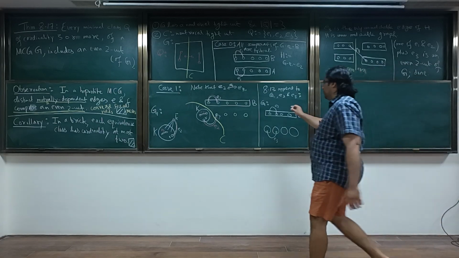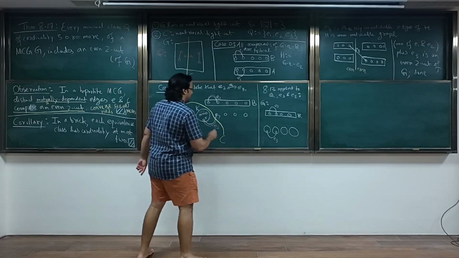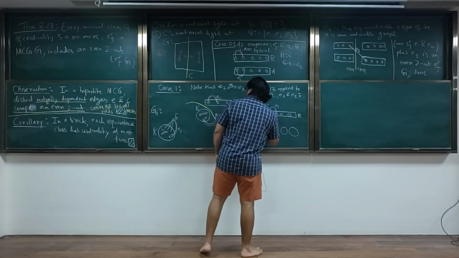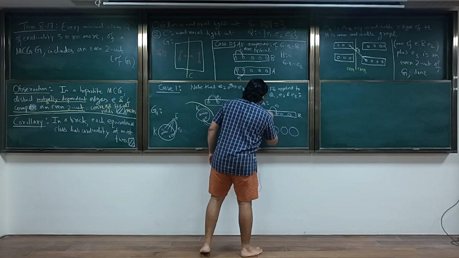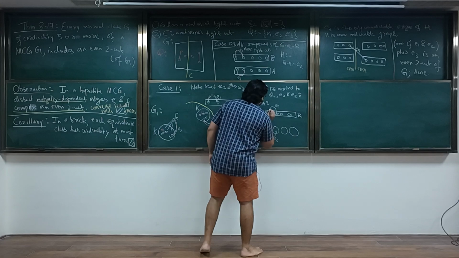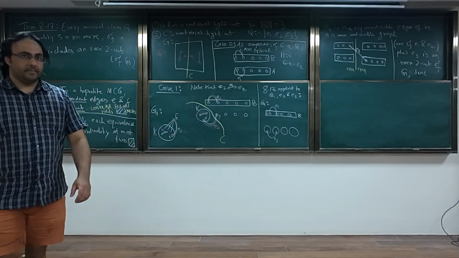So the ends of E2, we know that they are x and k bar. So let me put x here, and let me put this contraction vertex little k bar over here.